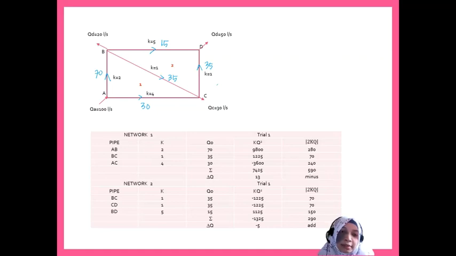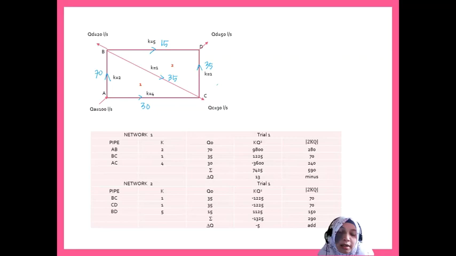So we can calculate that point B has Q in 70 and Q out 20 plus 15 plus 35. Q in equals Q out.